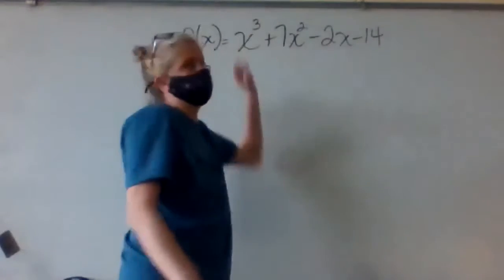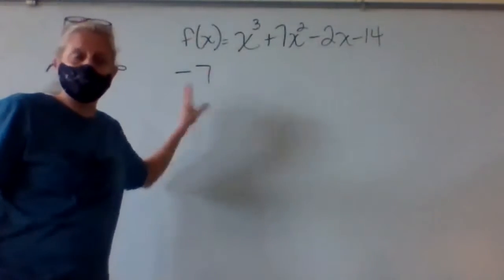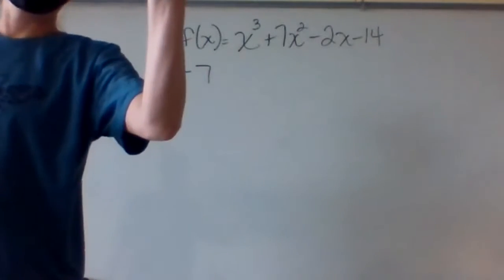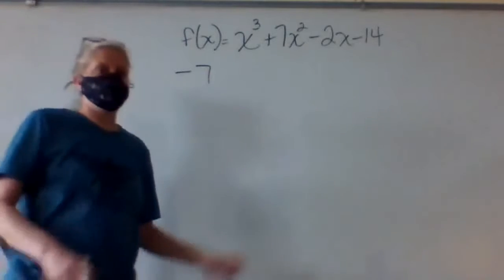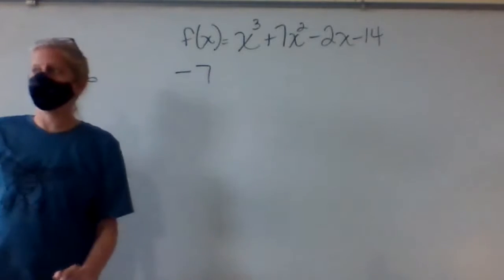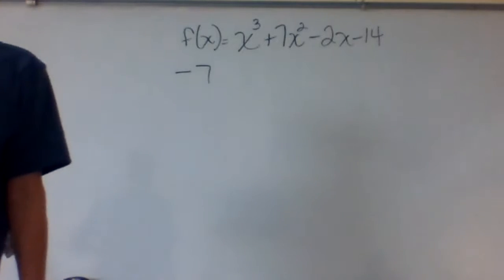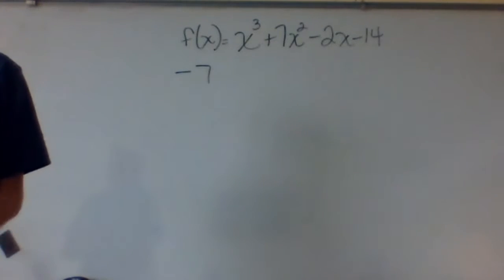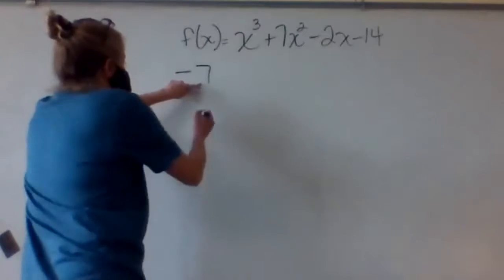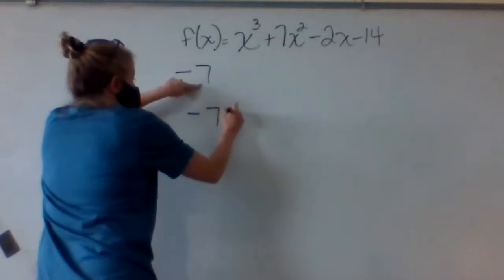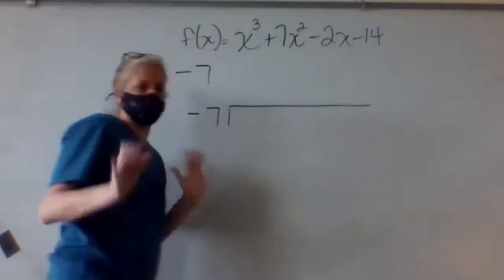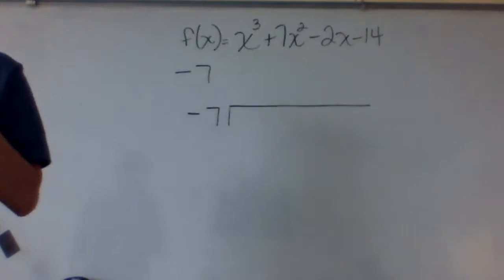Since it's x cubed, and I have one of the zeros, I'm looking for 2 more. If you are given one of the zeros, remember when we did synthetic division? If that's a zero, I can use synthetic division. I'm going to show you a couple of different ways to find other zeros.